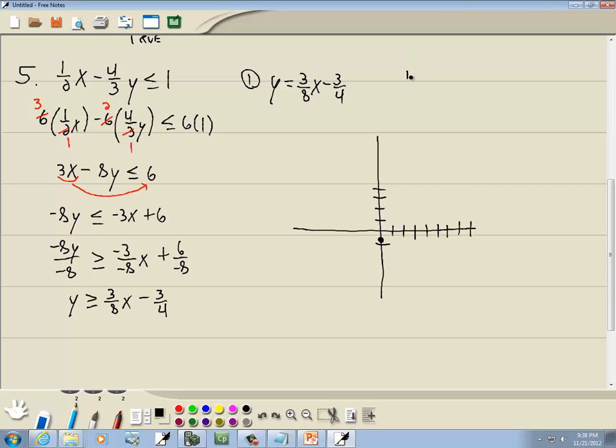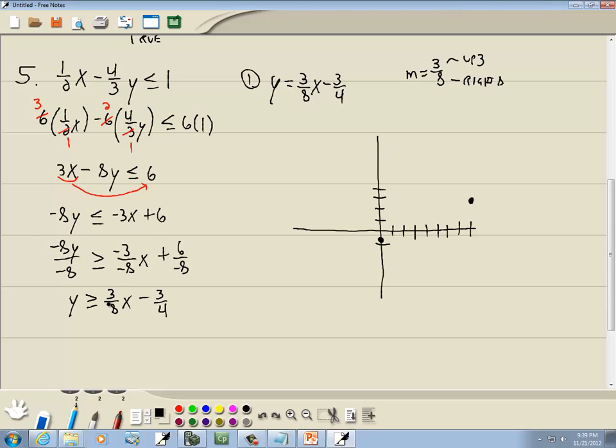Our slope is the number before x, which is 3/8. Change in y over change in x. This means we're going to go up 3, and right 8. So up 3, 1, 2, 3, and right 8. I think I put 8 of them down there. 1, 2, 3, 4, 5, 6, 7, 8. Would be right here.